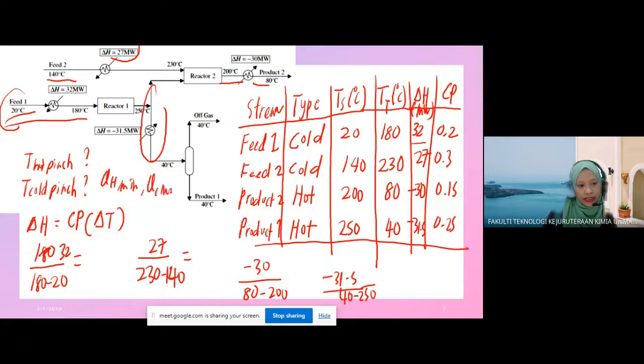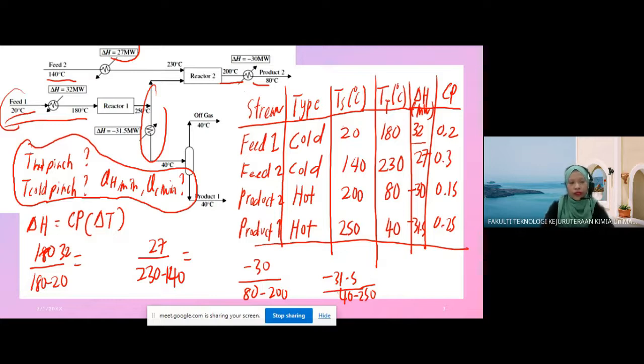So you need these data, right? Now, how to get this data? You need to construct either the composite curve or do the problem table algorithm, in order to get the minimum value of hot utility and cold utility, as well as the pinch temperature, right?